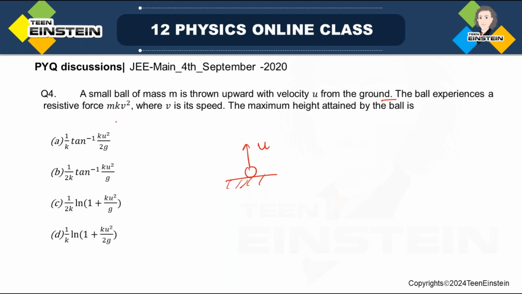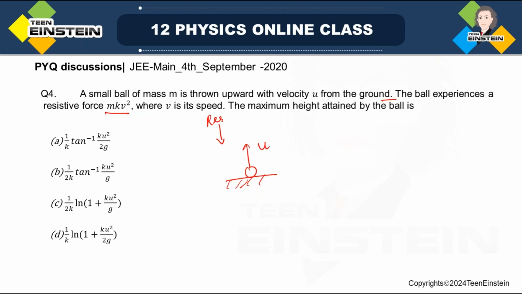The ball experiences a resistive force mk v square. Okay, mk v square. So it is experiencing a resistive force. So whenever you see the resistive force, resistive force is actually always acting in the opposite direction to the motion of the object.